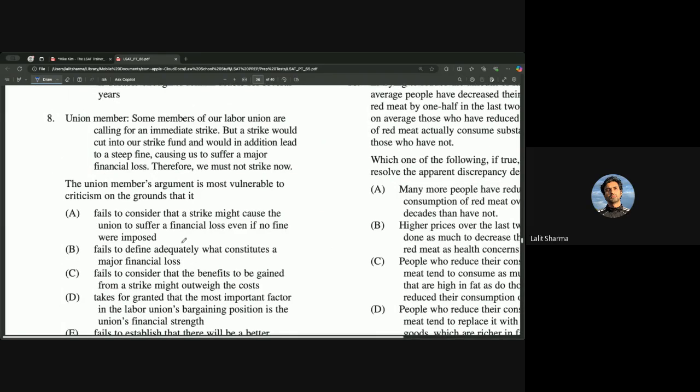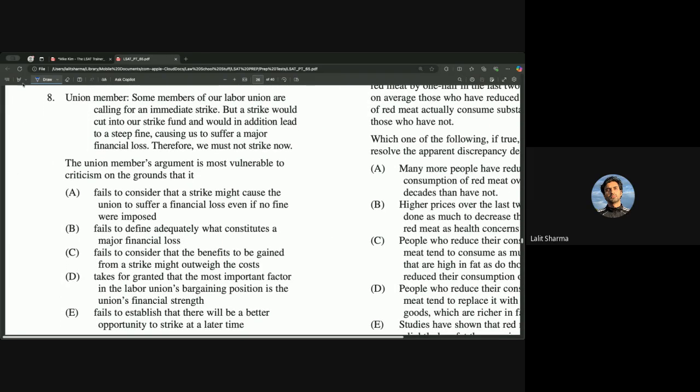There you go. So that's all you need to know. Okay. And look, it's our friends that fails to consider, takes for granted. This one's a little bit different. Fails to define. That's a unique one. Fails to establish. That's a unique one too. Okay. But it's the stuff that we talked about. So all the stuff that we talked about, it's here.